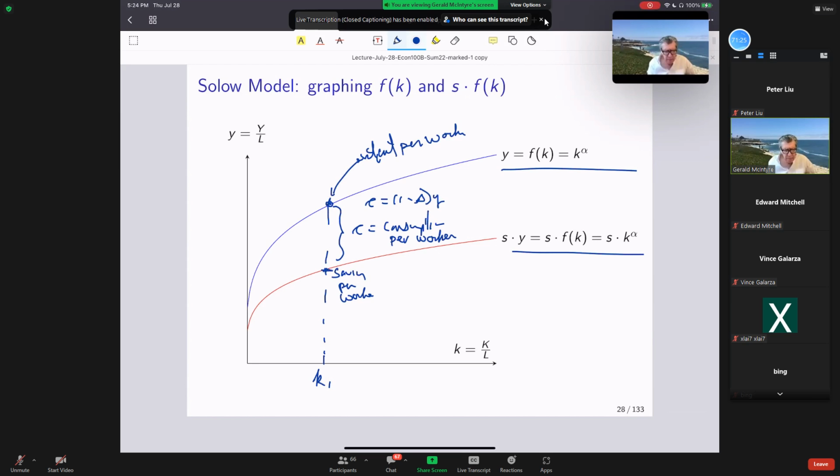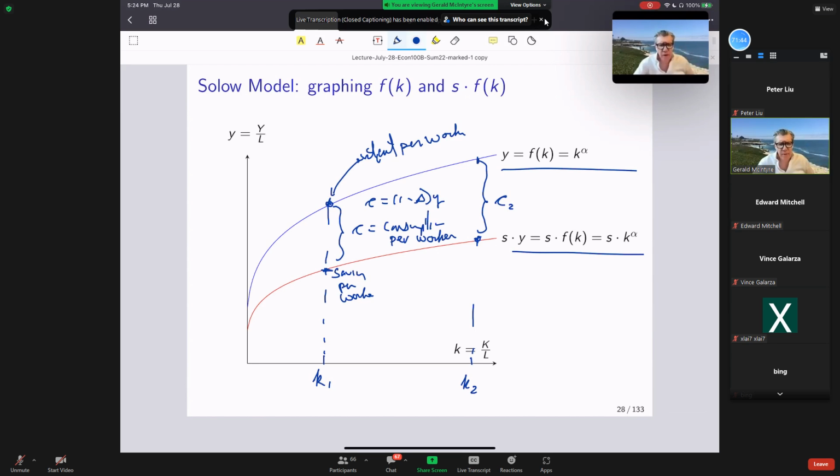It's the gap here. And if you were somewhere else out here at k2, consumption per worker would be at this gap, from here to here, okay? So consumption per worker is a gap, savings and output per worker are lines. All right, so far so good?